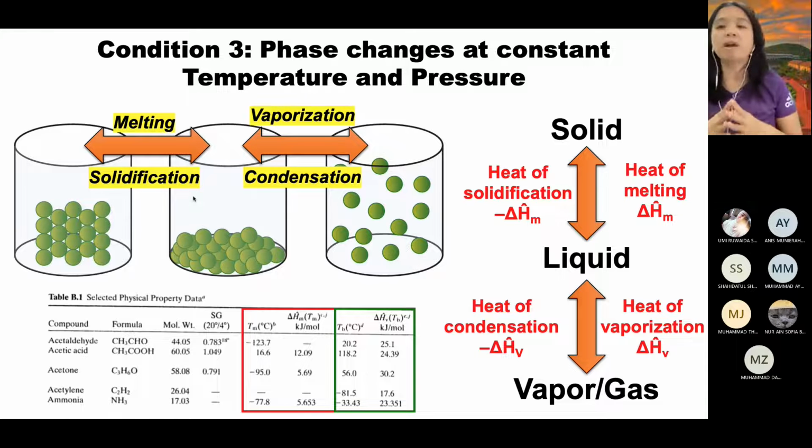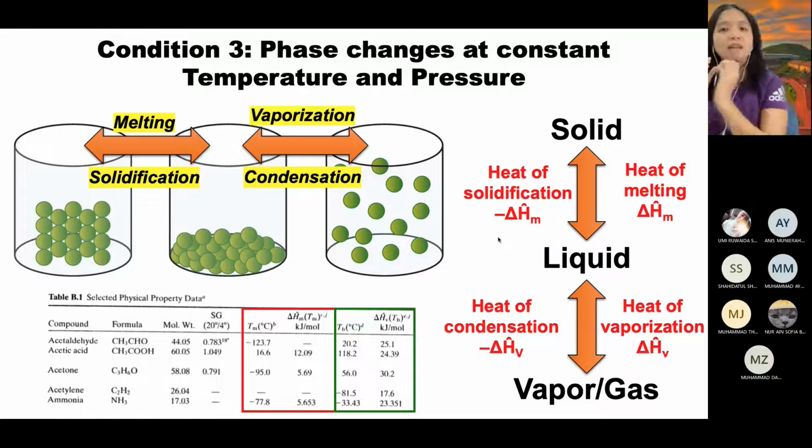Dan heat of solidification ataupun enthalpy of solidification is just negative heat of melting. Ataupun kata lain, katakan kamu ada aceton solid menjadi aceton liquid. Katakan dia memerlukan 10 kilojoule per mol. Maknanya dia perlu serap 10 kilojoule per mol baru aceton solid jadi aceton liquid, heat of melting.